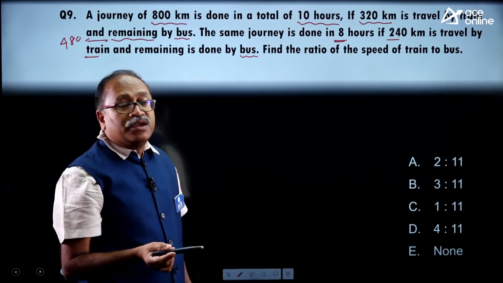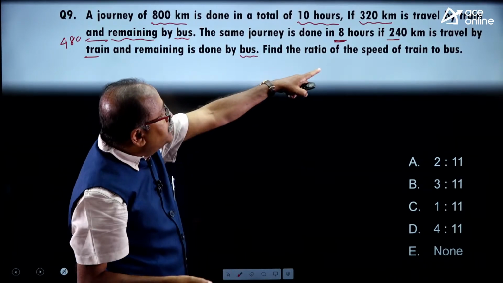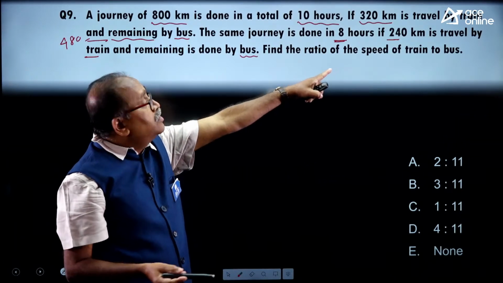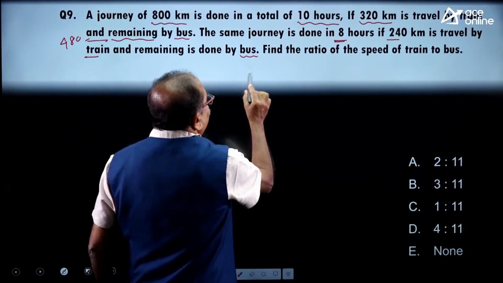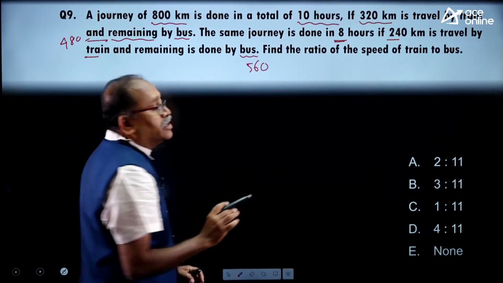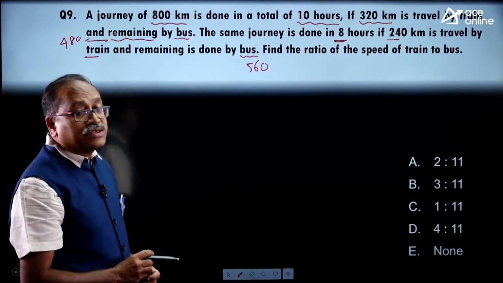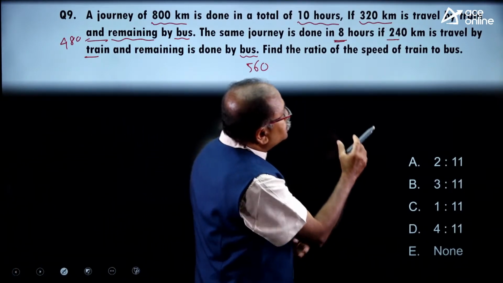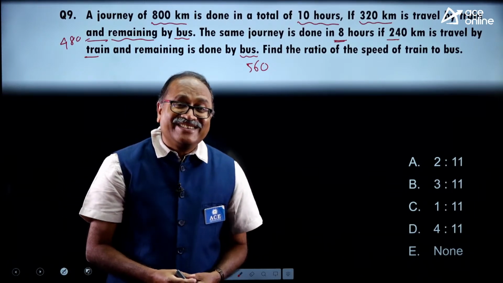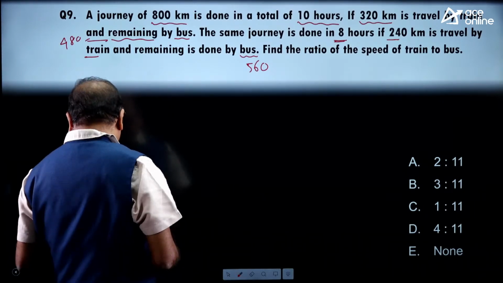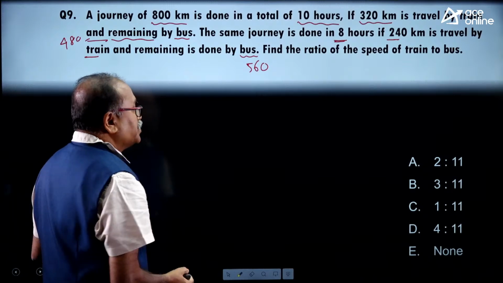So what is that remaining here? 800 minus 240 gives 560. So here 560 kilometers he travels by bus. Then find the ratio of the speed of train and bus. Highly interesting question. Let's see how we will solve this question.